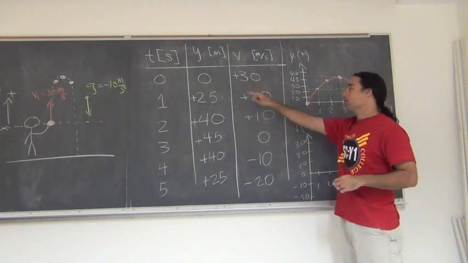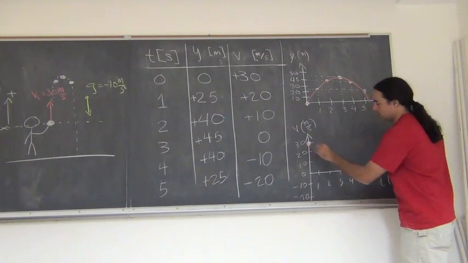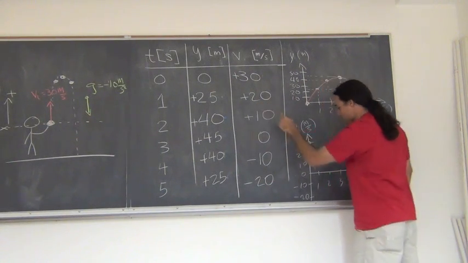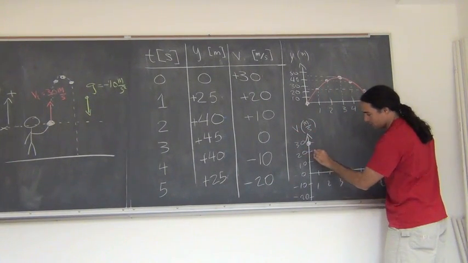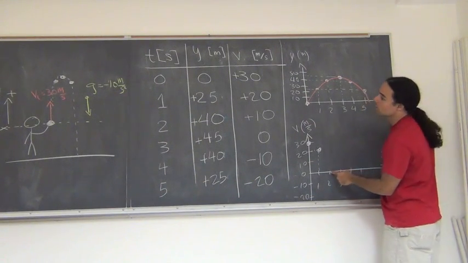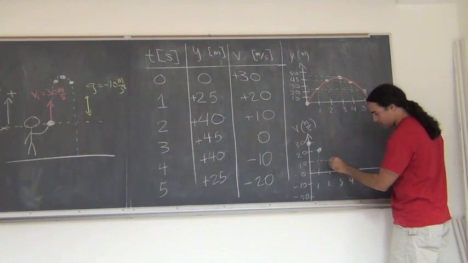Well, at 0 seconds, we're moving at a speed of 30 meters per second. At 1 second, we're moving at a speed of 20 meters per second. At 2 seconds, we're moving at a speed of 10 meters per second.